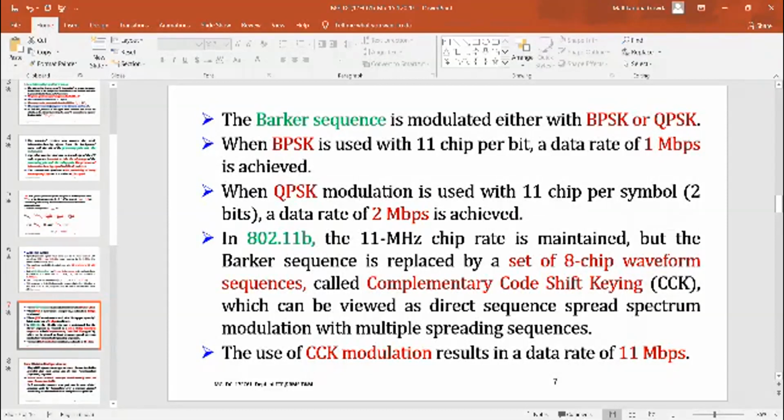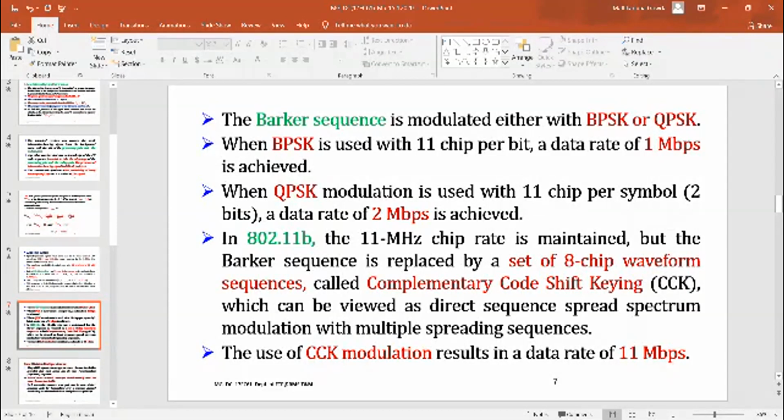And another standard I said is the next generation wireless local area network, that is IEEE 802.11b. Here also the 11 megahertz chip rate is maintained, but instead of using the 11 chip Barker sequence, a set of 8 chip waveform sequences are used.